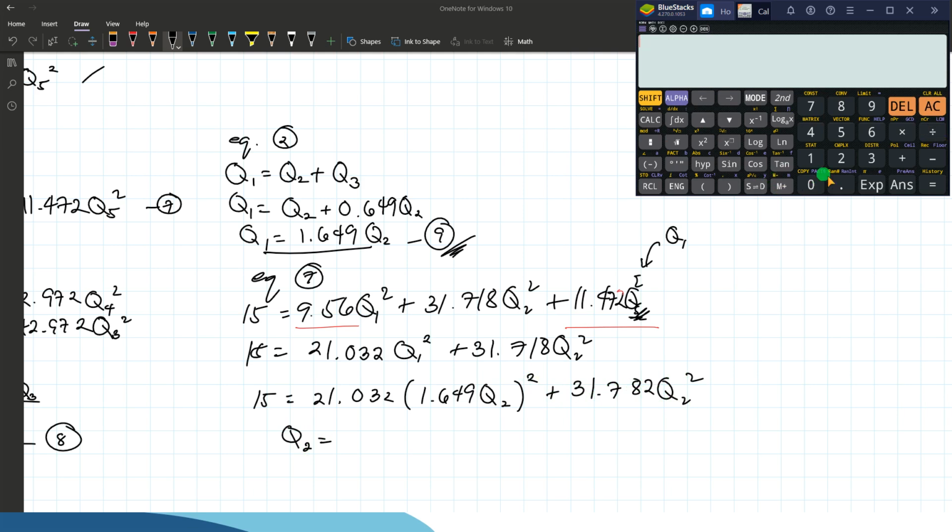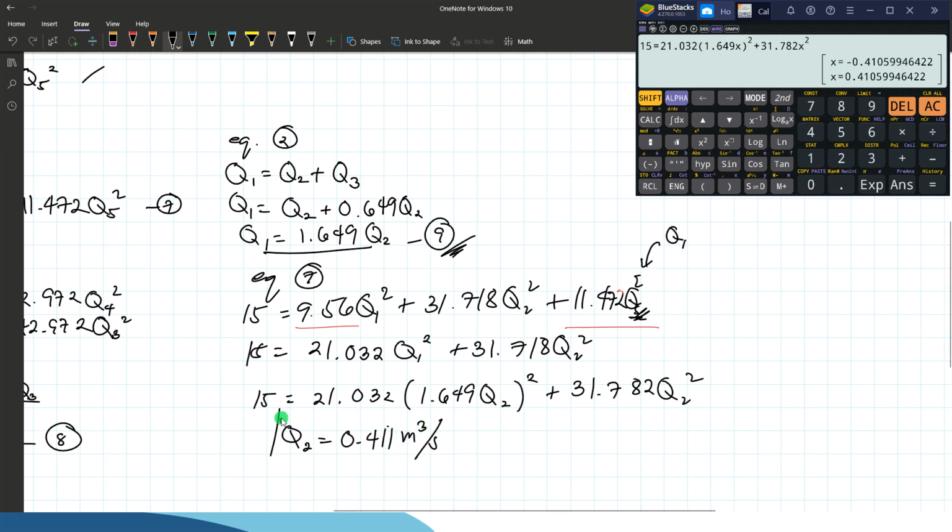So let's directly solve that. Two values, we take the positive one, which is 0.410541 cubic meters per second. That's your discharge at pipe number 2.